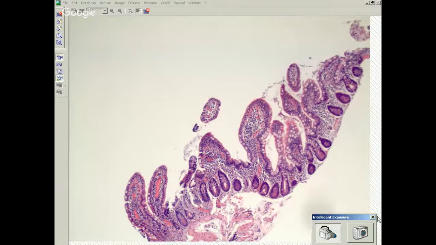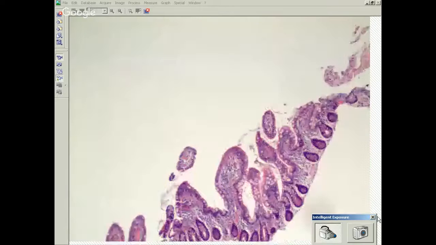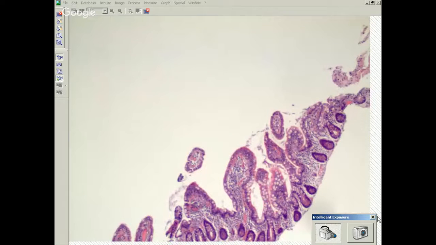Okay. All right. So, first of all, this is called ileum, 27-year-old male. And on low power, how would you describe what we see here? Anybody?